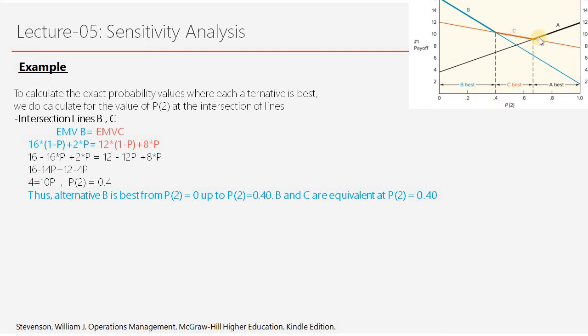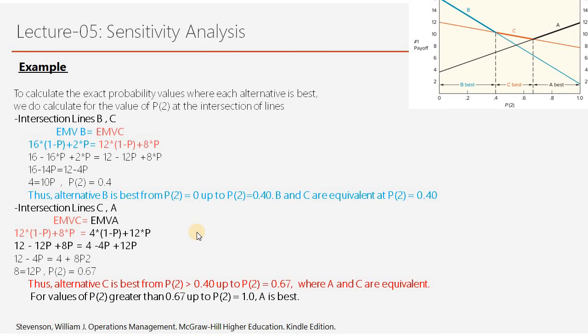Now let's calculate the second point of intersection. When lines C and A intersect, the expected monetary value of C equals the expected monetary value of A. Those are the values that I got from the previous slides. And when solving for P, 8 equals 12P, so P equals 8 over 12, so it is 0.67.